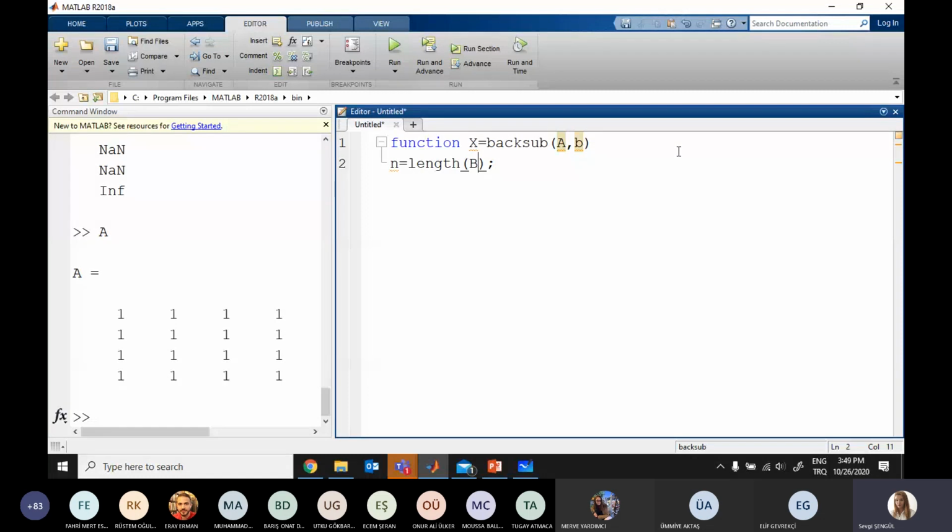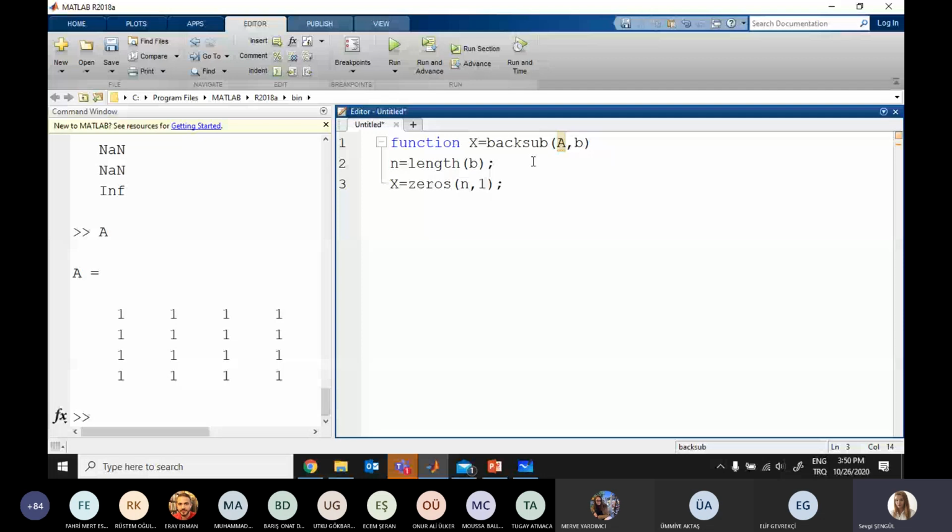After that, I will define my solution first as a zeros matrix, n by 1, because this is the size of my solution. First I will define it as zeros, and after that I will update this X solution matrix.